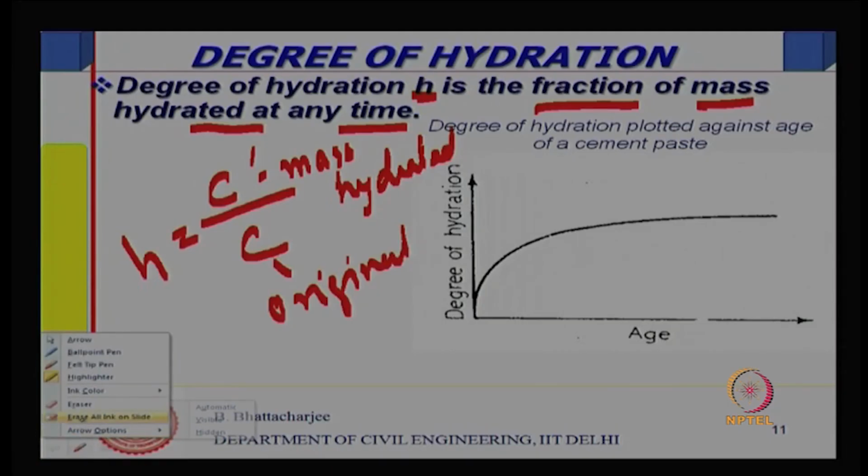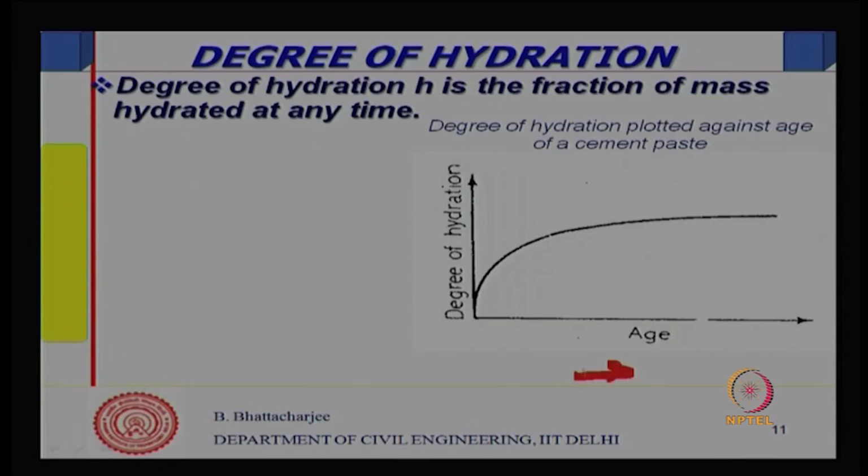As you can see, with age, degree of hydration increases and then tends to become steady. As we have seen, because cement consists of 4 major compounds, C2S, C3S, etc., a portion of it will hydrate up to a certain period of time, and later on the strength development is slow, so naturally hydration is also slow.